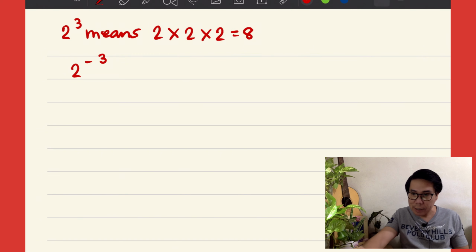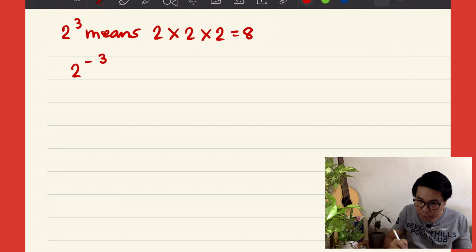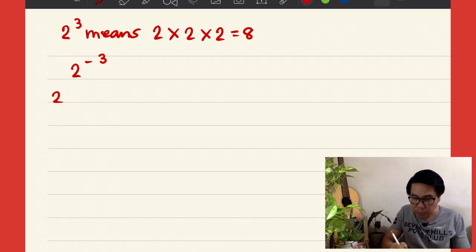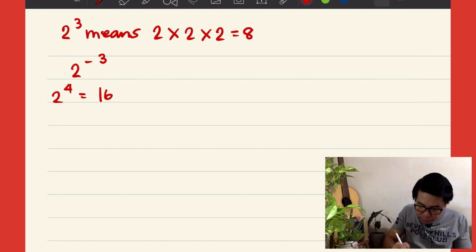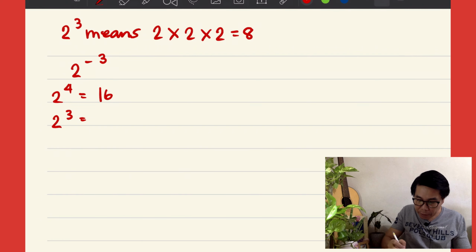Okay, so let's try to notice the pattern. If we have 2 raised to the power of 4, that is 2 times 2 is 4, times 2 is 8, times 2 is 16. If we have 2 raised to the power of 3, we have 2 times 2 is 4, times 2 is 8.